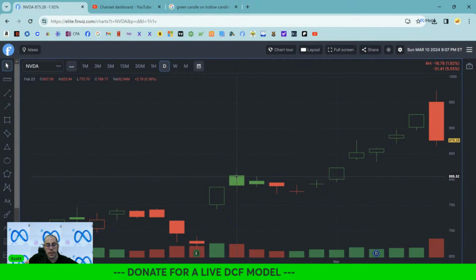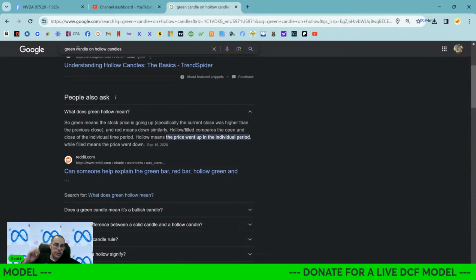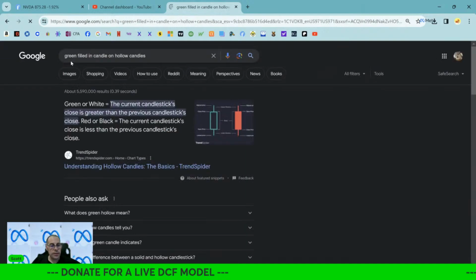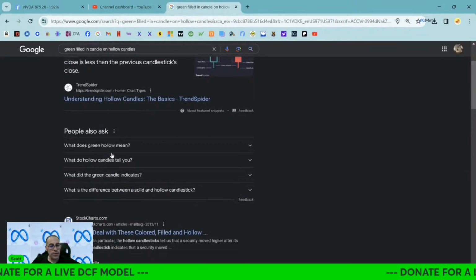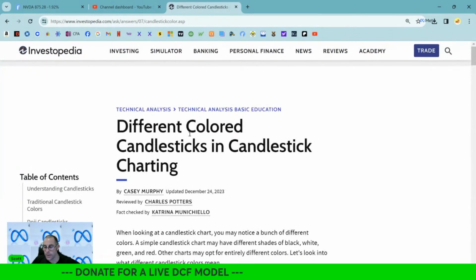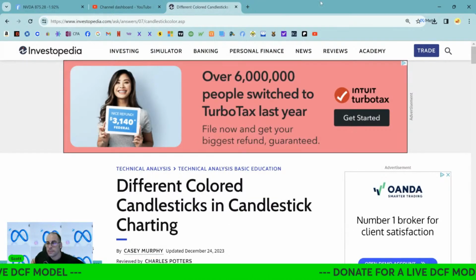Yet it's a green filled in candle. Green candle filled in, hollow candles. What does green mean? This can't be a mistake on a website, right? Why is there a green? Volume is red on the green filled days.